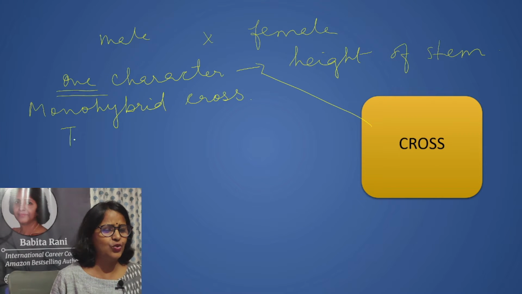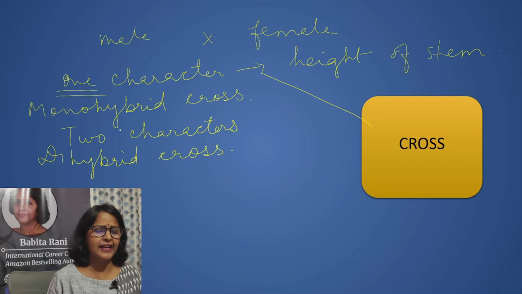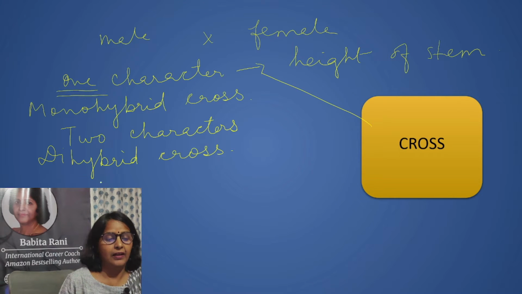If we study two characters at a time, it is known as dihybrid cross. Di means two. Let us take an example. Capital R, capital Y into small r, small y.